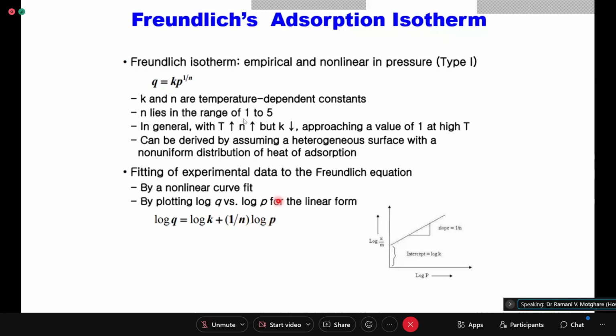So when you plot this, log p will be on your x-axis and log x by m will be on your y-axis. The intercept on the y-axis gives you the value of log k, and 1 by n is the slope. So from the slope value you can find out the n value, right?